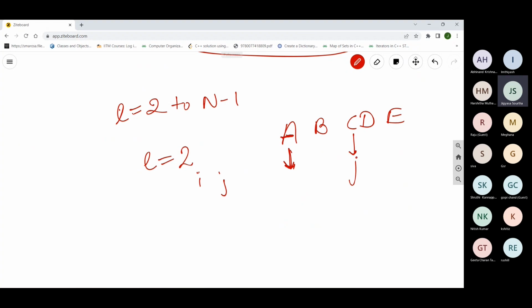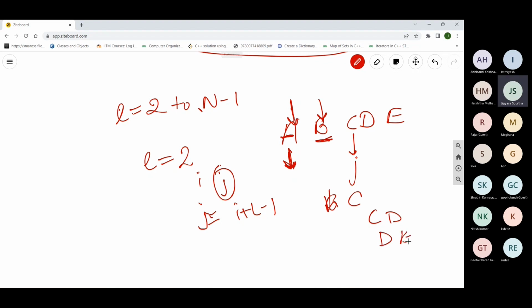So I always start with i equals 1, which will be this, and j can be calculated as i plus L minus 1. So if your length is 2, j will be B. So you will get AB. Then you will iterate to BC, and then CD and DE.